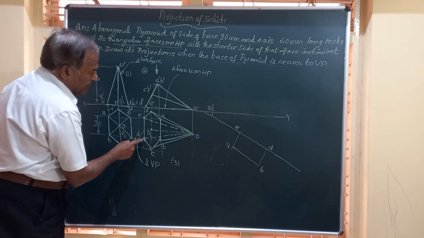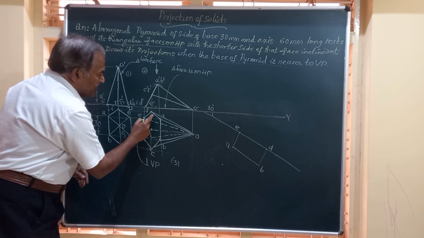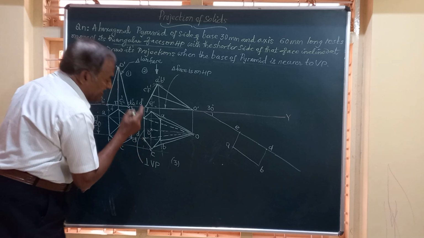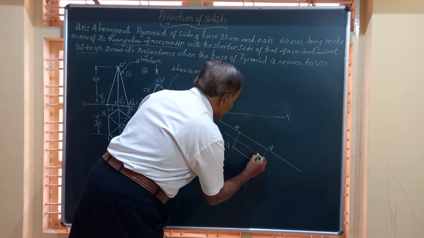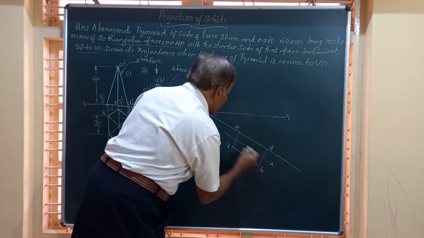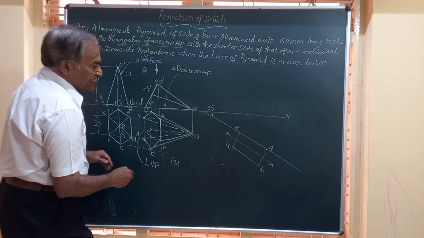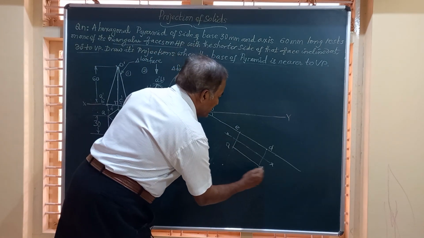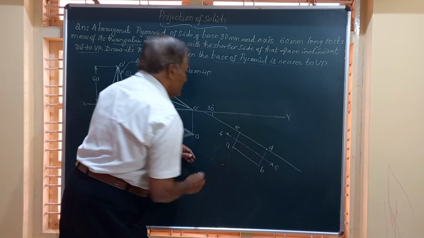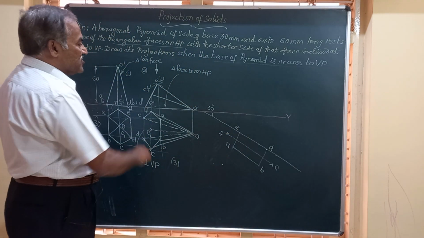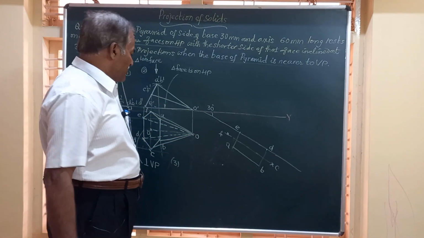AB is parallel to DE. Exactly in the center of this dimension, measure and take F and C. Friends, I will just mark the center. Take the distance of D to get F and C. C and F. A, B, C, D, E, F. Friends, we have got all the 6 corners when DE is at an angle of 30 degrees to VP.